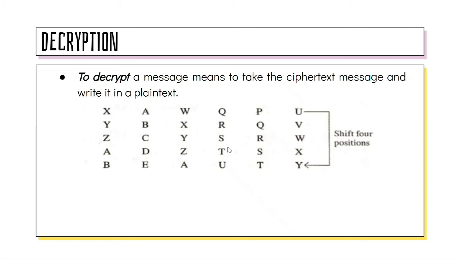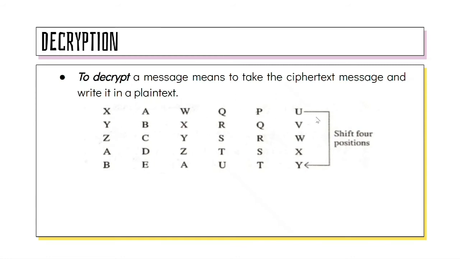Q, R, S, T, U. P, Q, R, S, T. The same with U. We follow the letters, class, until we see a familiar word. The familiar word here is beauty. So that is the plain text from this ciphertext message.